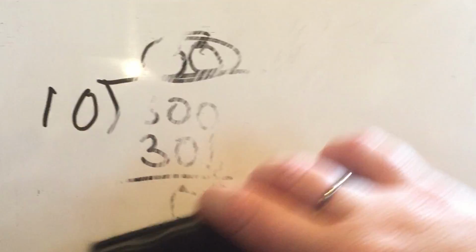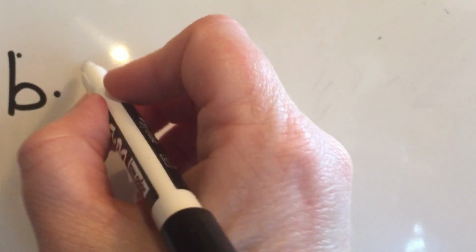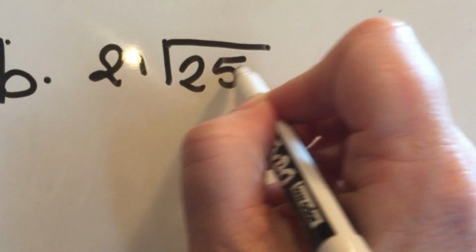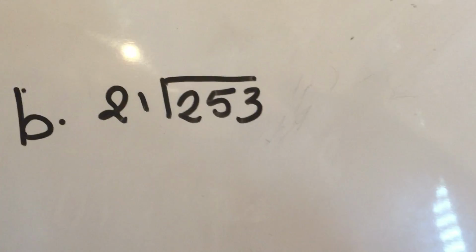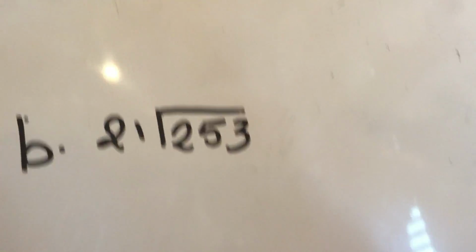For B, you have 253 divided by 21. For this one, let's round 21 to 20.